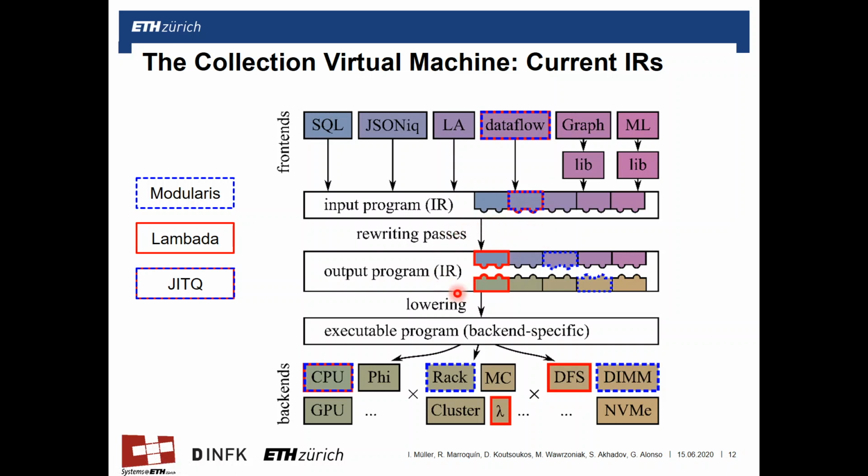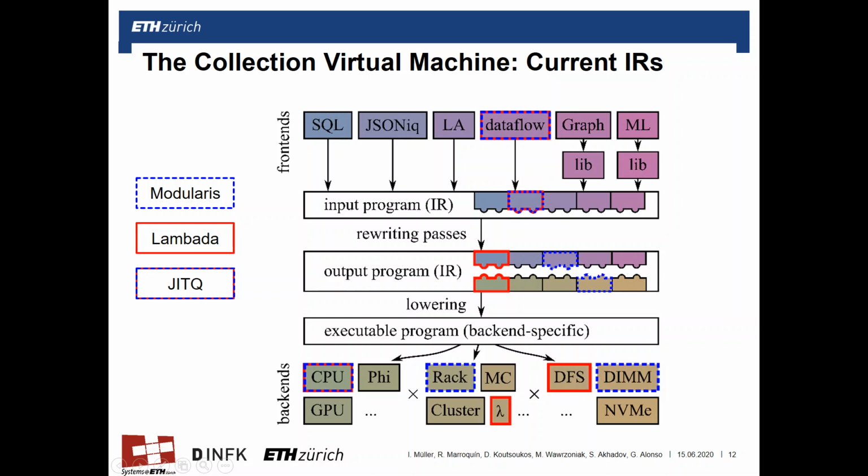Then there's a number of rewriting passes, much of which are shared across the 3 systems, but some of which specialize the program for the target platform. And then there's a number of executable components, again, many of which are shared across the 3 systems. But for example, the cloud system has some specific execution components that are specific to that setup.